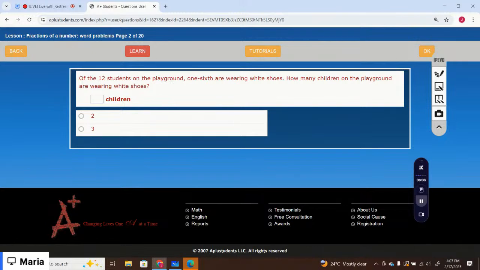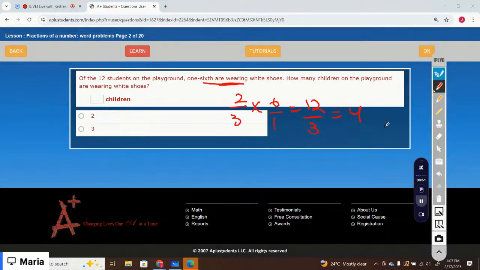Of the 12 students on the playground, one sixth are wearing white shoes. How many children on the playground are wearing white shoes? So, one sixth of the 12 students are wearing white shoes. You have to calculate 1 by 6 times 12. So, which is the correct option?